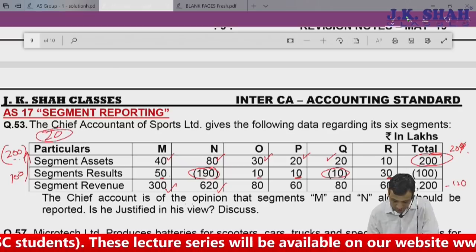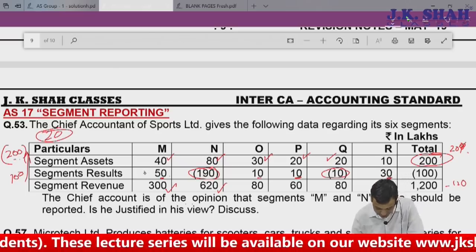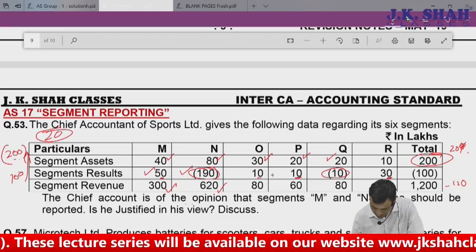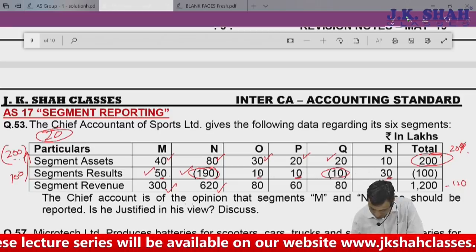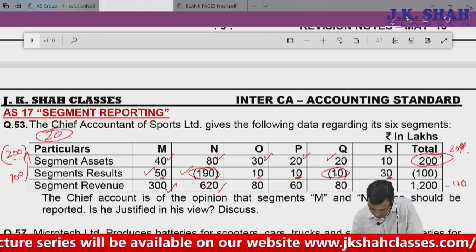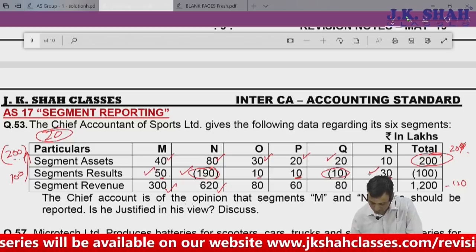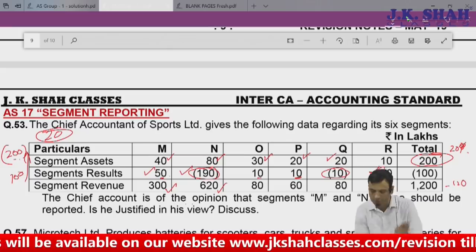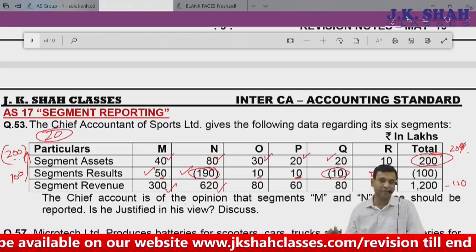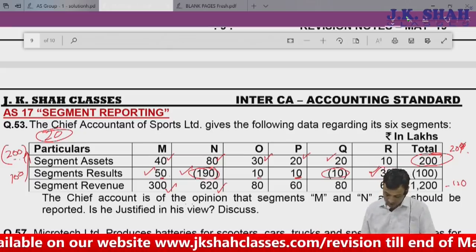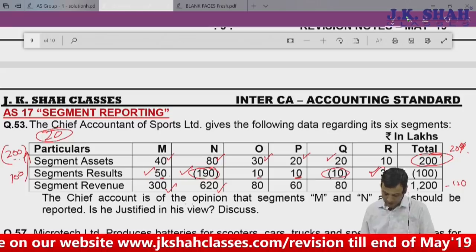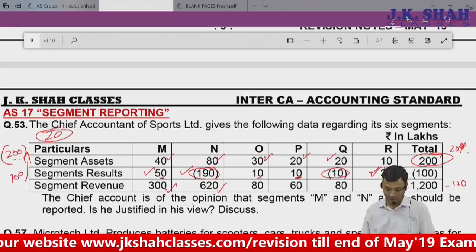So the amount will be 10%, that is 20. Who fulfills the 20 criteria? 10 does not fulfill, 10 does not, 30 fulfills. So can I say all the segments are reportable? Even R is getting reported based on the threshold criteria of profits.